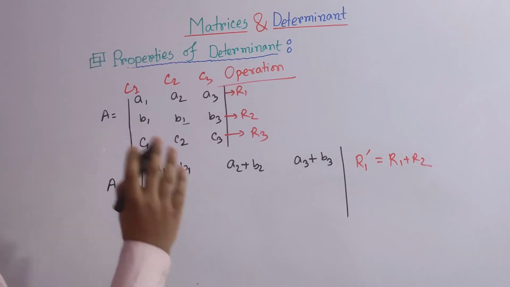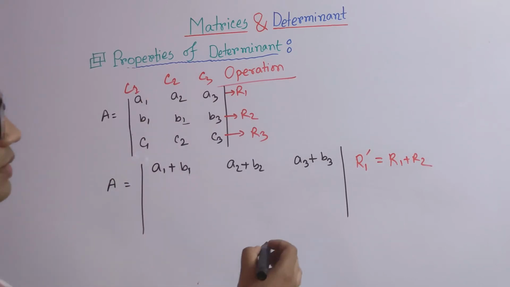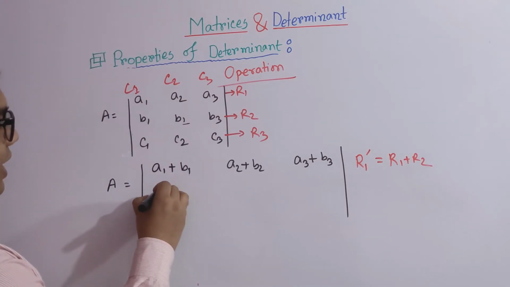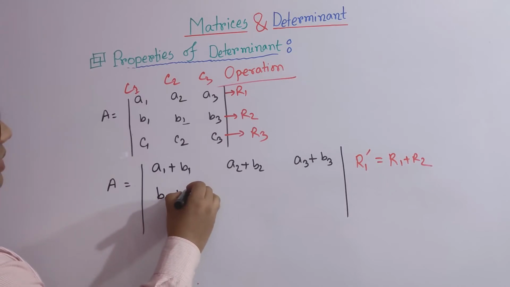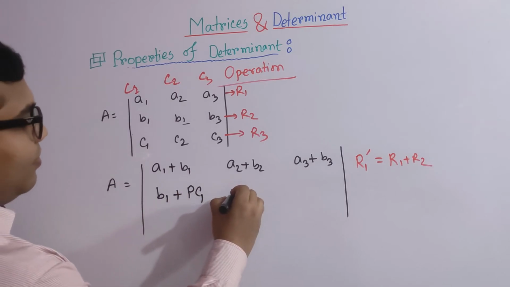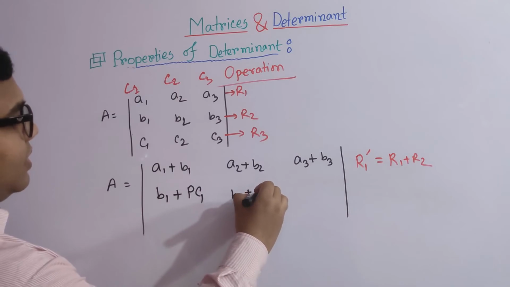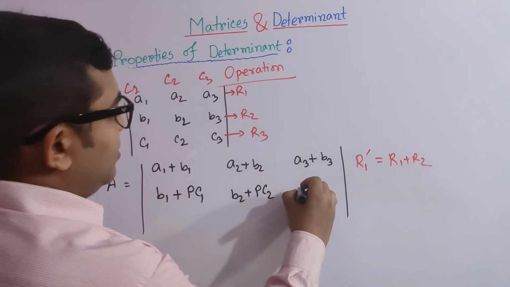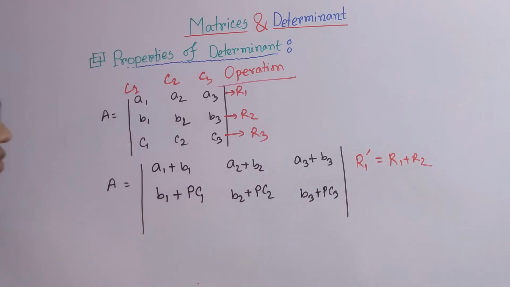Similarly, suppose we are focusing on the second row. For example, we write B1 plus P into C1, B2 plus P into C2, B3 plus P into C3. What have we done?